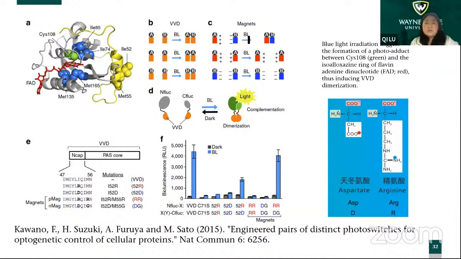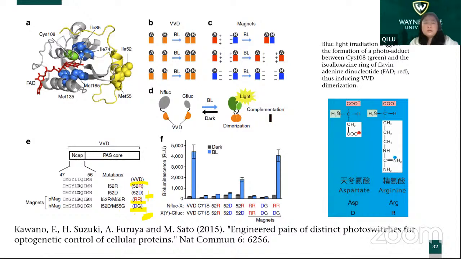The authors changed the sequence a little; the previous one is VVD. They changed one part, the PMAG, to RR, and the NMAG to DG. So R is a positive charge, and D is a negative charge.